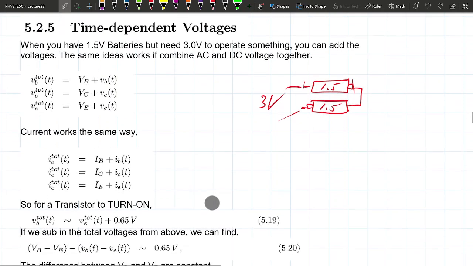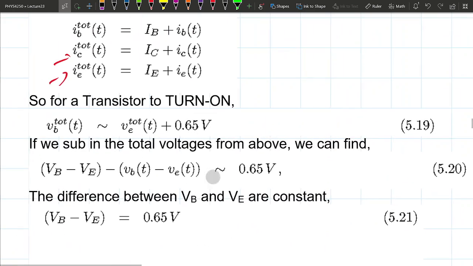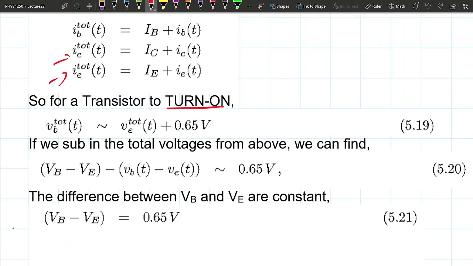Okay, so same thing for the collector and emitter. All of these equations, we're going to get a result that's going to turn out to be, oh yeah, that's obvious. So what's happening is that in order for you to turn on your transistor, you need to have a voltage source that's a constant 0.65 volts above the emitter.